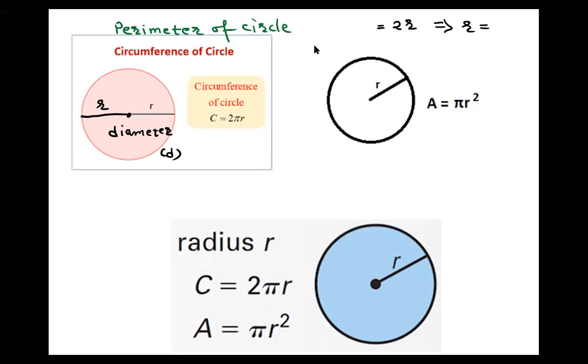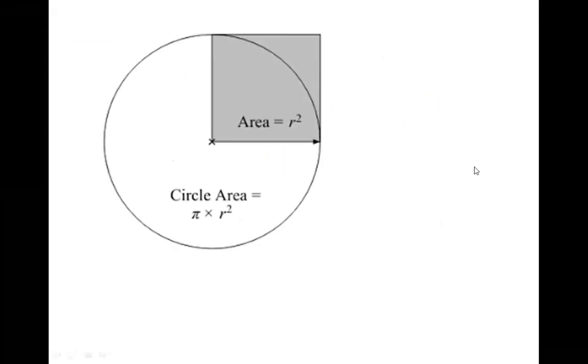So remember these two things. The circumference and the perimeter of the circle both are similar quantities. So sometimes they ask you to find the perimeter, and circumference and perimeter both are equal. So don't misunderstand. Now, remember these two formulas. First of all, this is the center, radius, and all things you have.